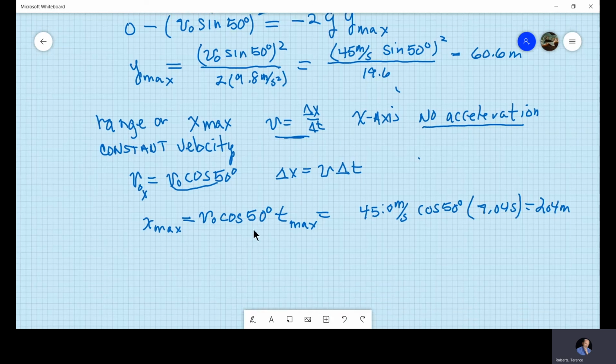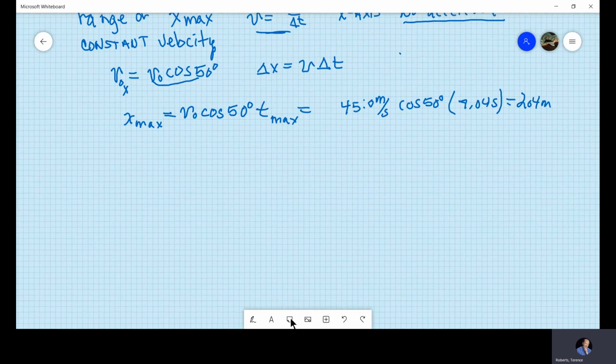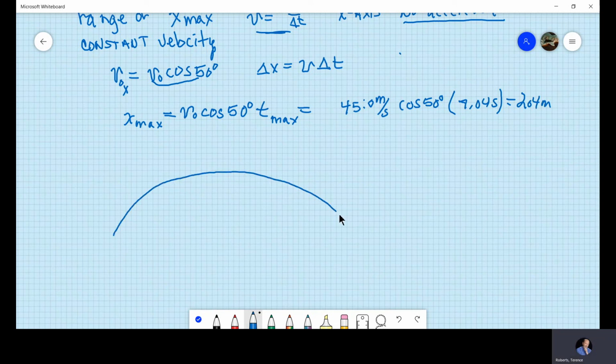Okay, so let's just look at what we solved here. So we had a projectile take a route similar to this right here. Its range, or X max, was about 204 meters. Its maximum height, Y max, was 60.6 meters.